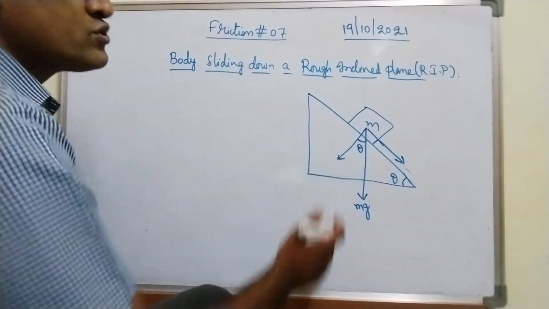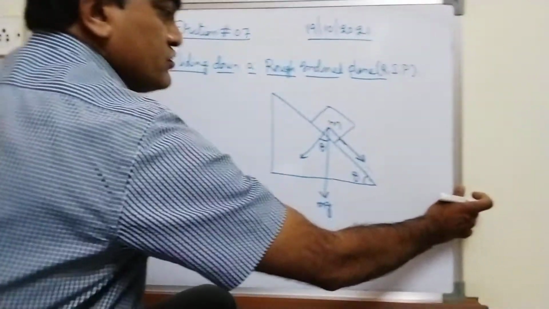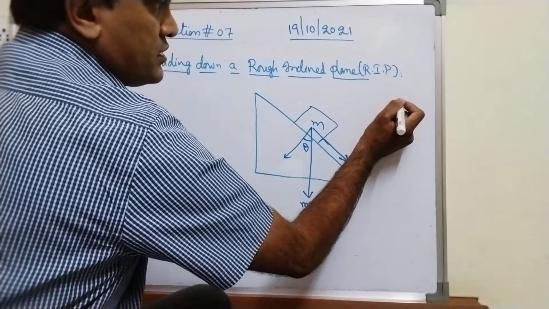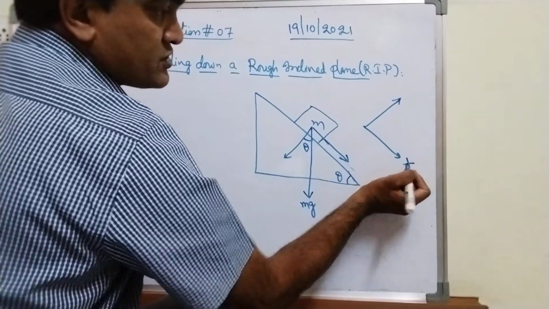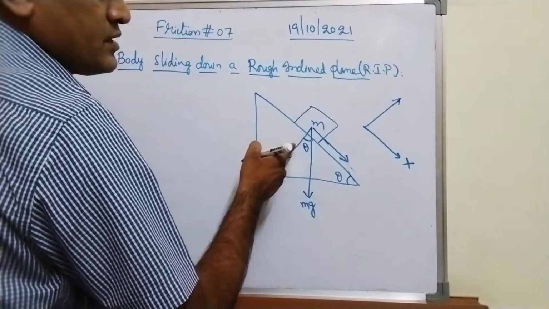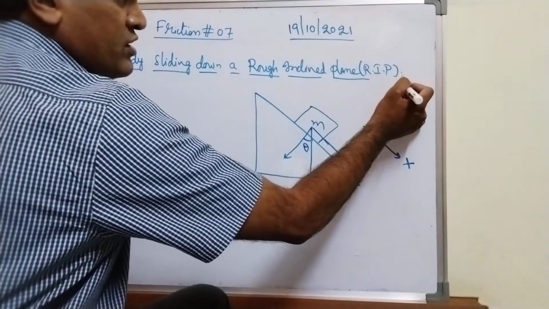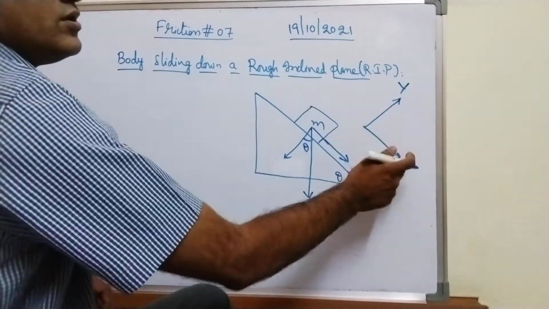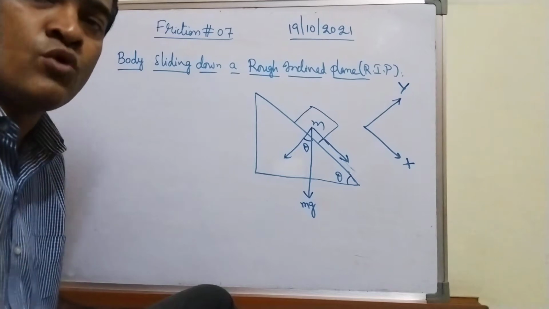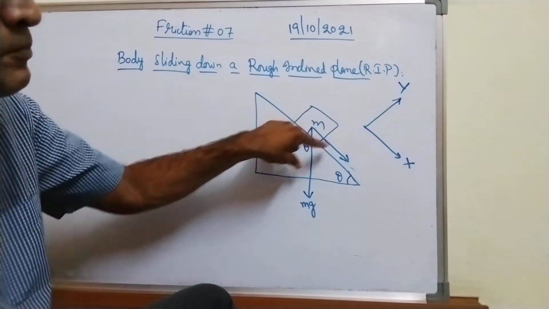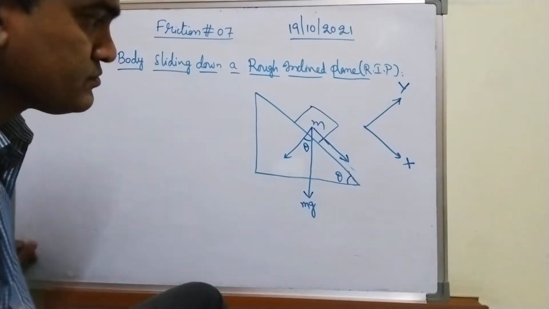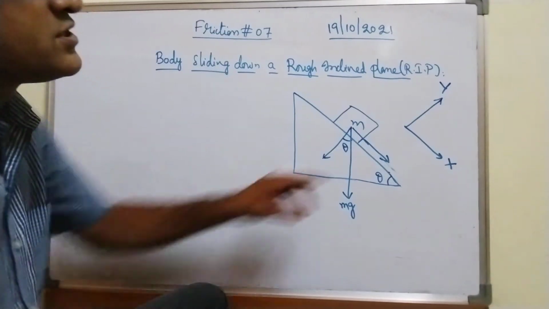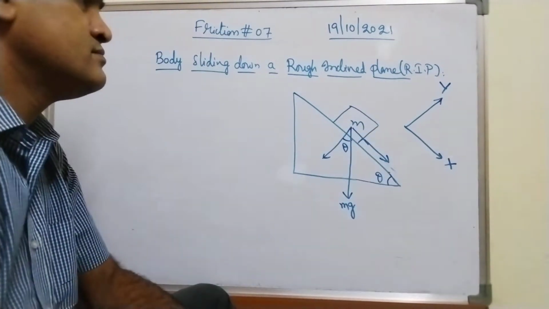That means if you choose a coordinate system, it looks like this. This is how I am representing the coordinate axes for this block or entire system.